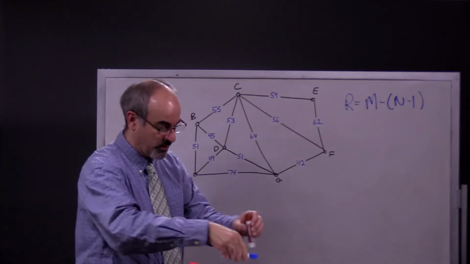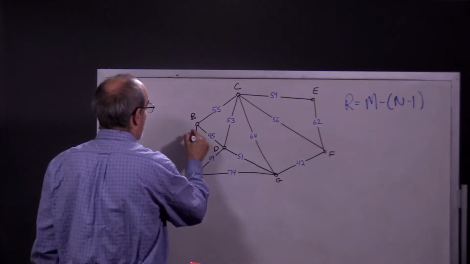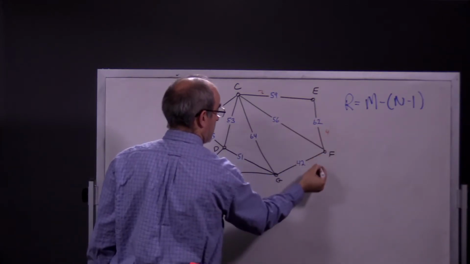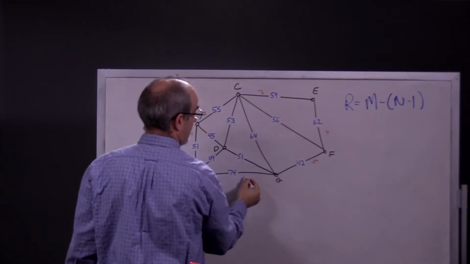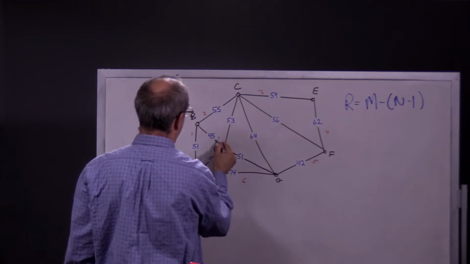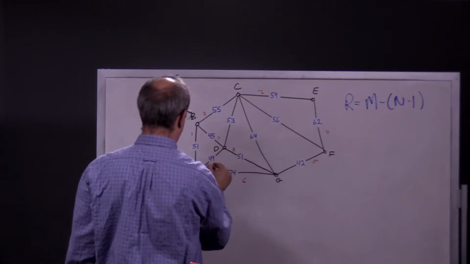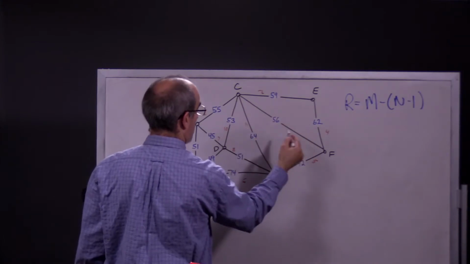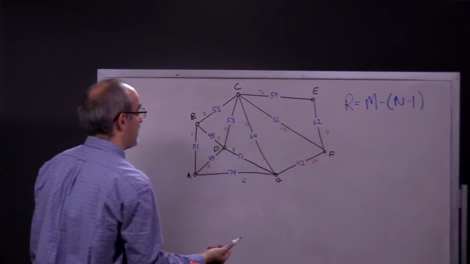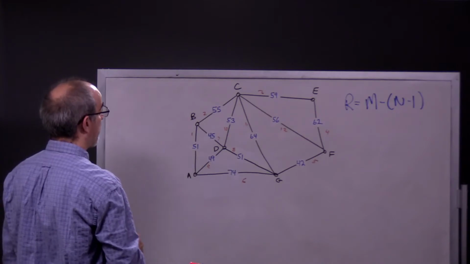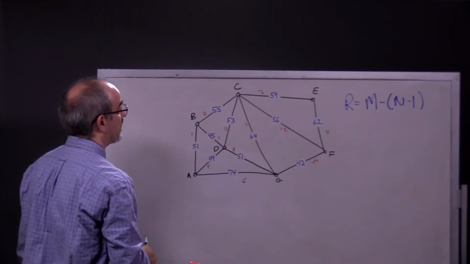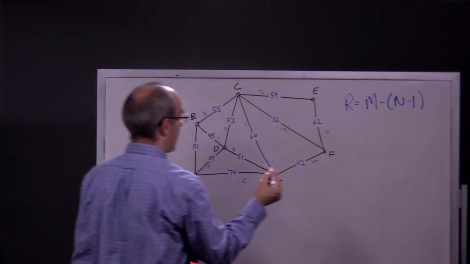I want to make sure I have all the edges labeled, just so I know how many there are. Okay, do I have all of them labeled? Looks like I do. So it looks like there's 12 edges.